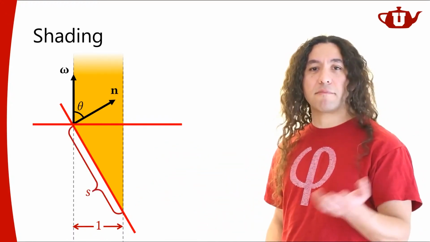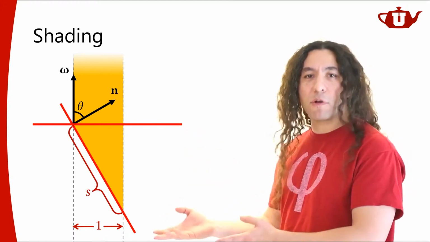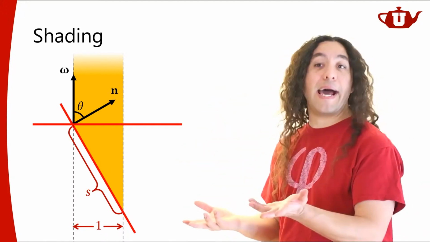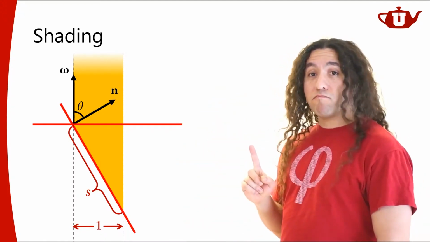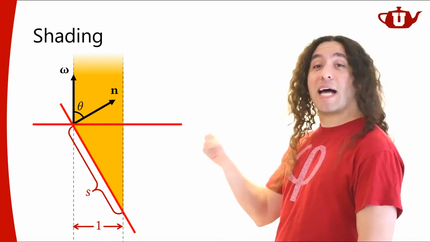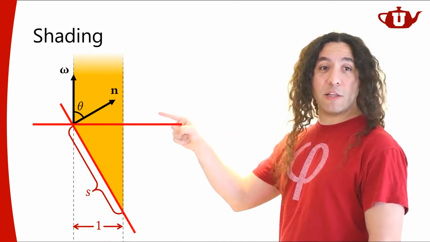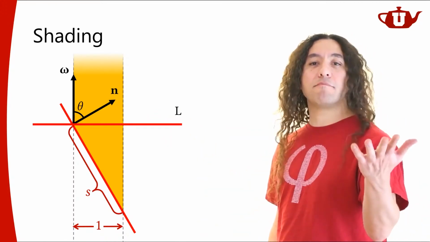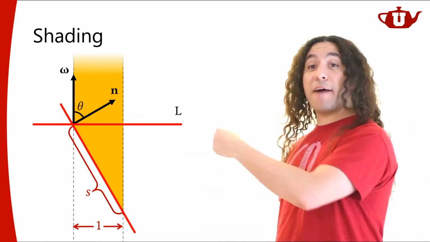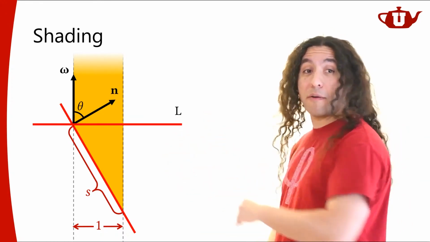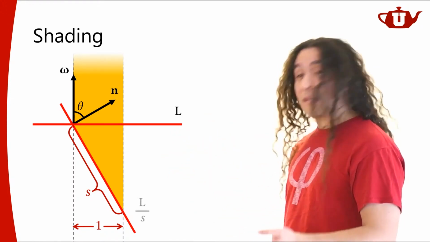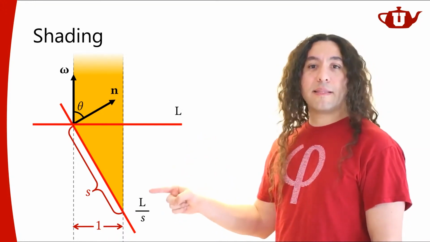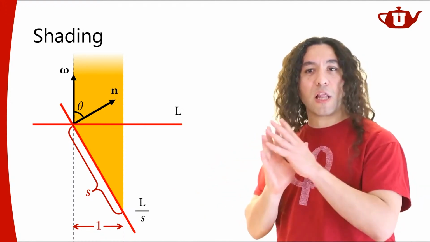Let's call its length S. So if the light per unit area here, the light illumination, was L before, after I rotate it, it's spread over a larger area by S. So it's going to be L over S. This was L over 1, which was L. Now it's going to be L over S because it's spread over a larger area.